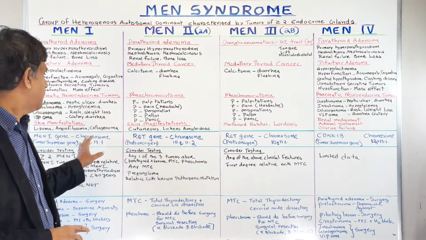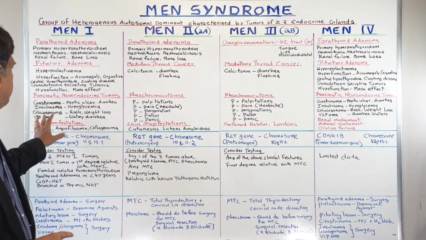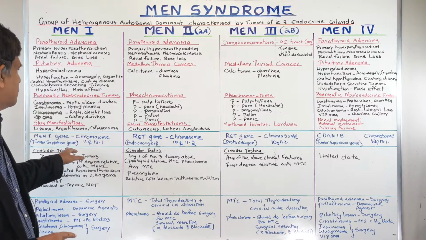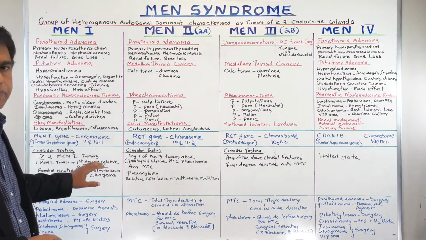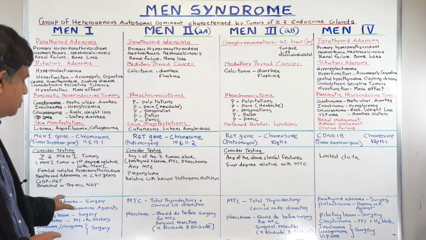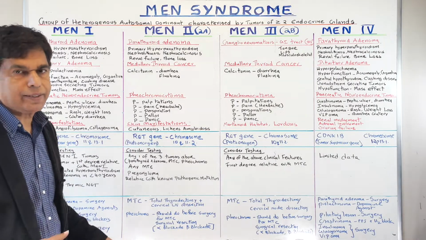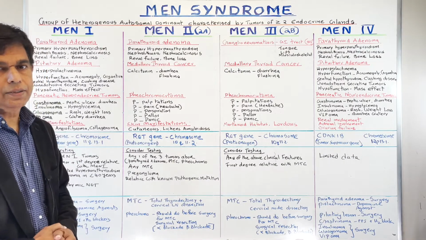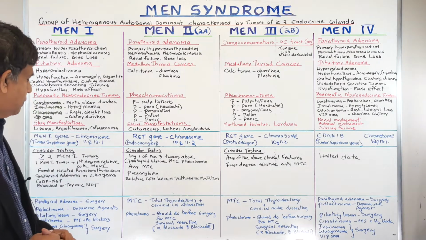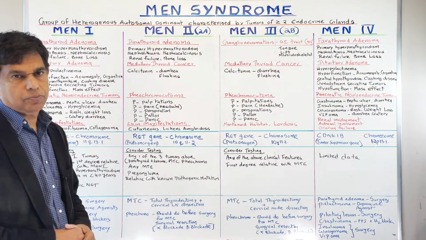Then we talk about the MEN1 gene, a tumor suppressor gene. Make sure you know in what situation we need to test. The main treatment is surgery, but if it is a prolactinoma, then you do a dopamine agonist, and for gastrinoma, make sure you give a PPI plus H2 blockers.